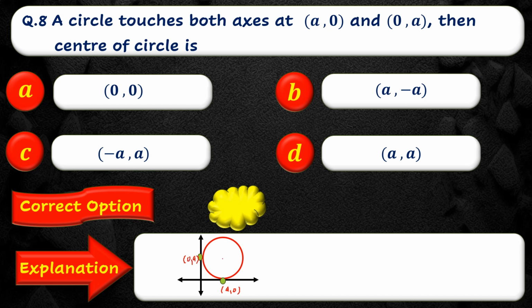Obviously from these points we conclude that a is the radius of the circle, and as you can see the center must be in the first quadrant. So in the first quadrant the coordinates of the center will be (a, a). Therefore the correct option is option D.